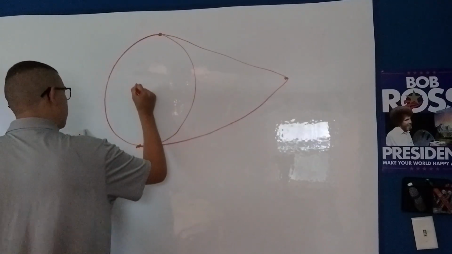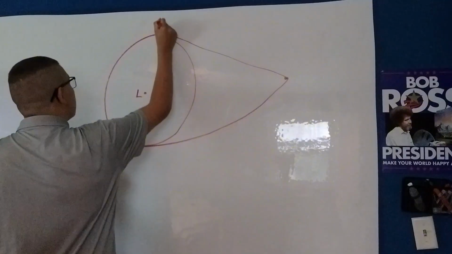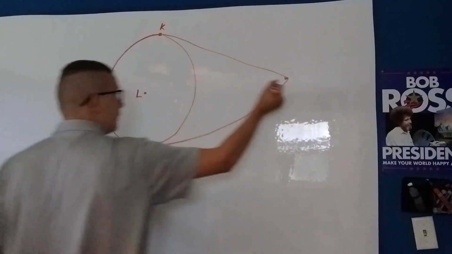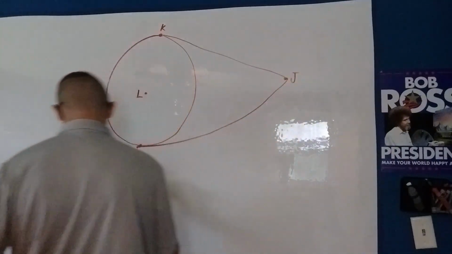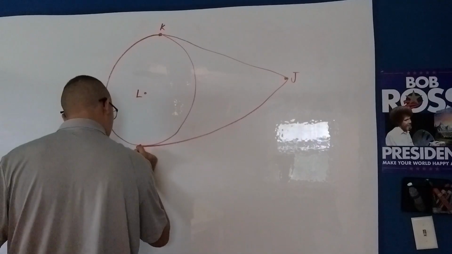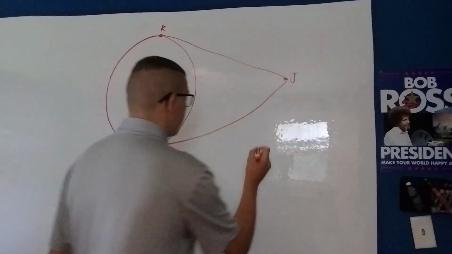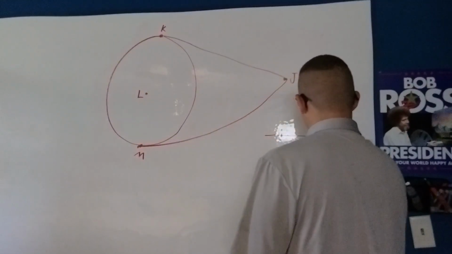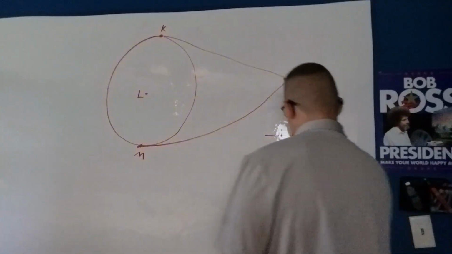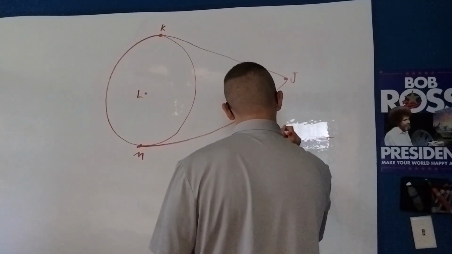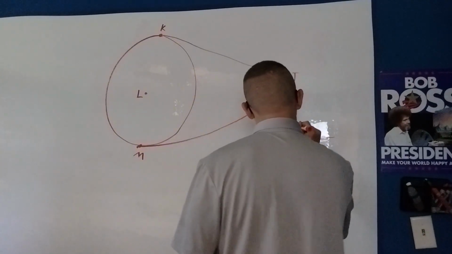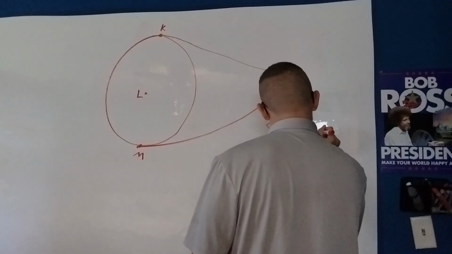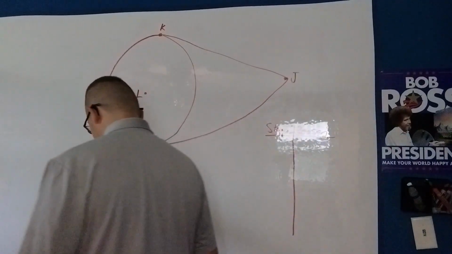And I say this is L, K, J, M. And if we set up our 2-column proof here, statement and reason, like that.